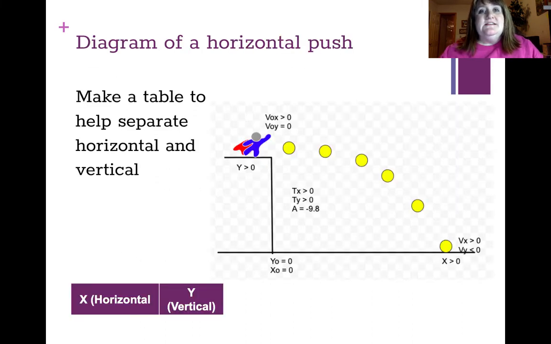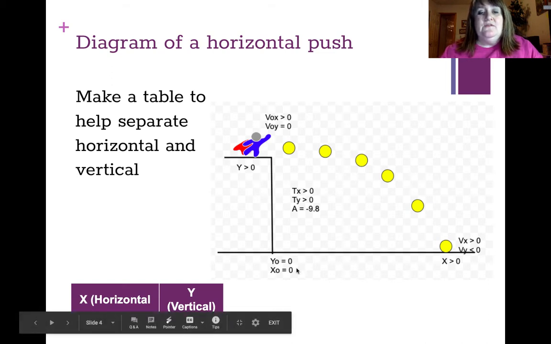So the easiest thing to do is to make a table to separate horizontal and vertical, and then look at your 4 variables that you have from the charts, right? Distance, velocity, time, and acceleration. So notice in this diagram, we have, get my handy dandy pointer, we have x naught and y naught.